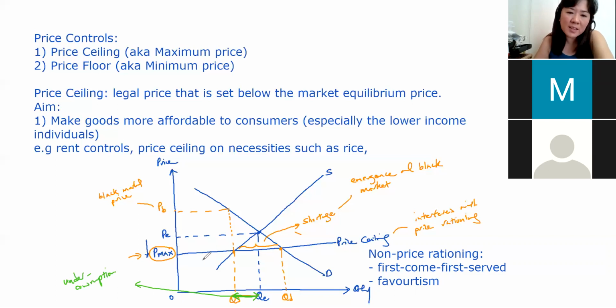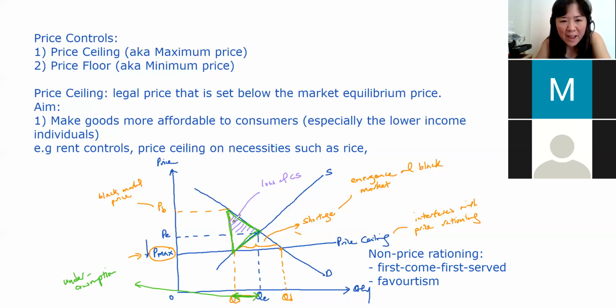For this under-consumption, what is the resultant welfare loss? From what we have seen, the deadweight loss is going to be this area here. Why is it this area? This shaded area is seen as the loss of consumer surplus due to the fall in the consumption of the good.